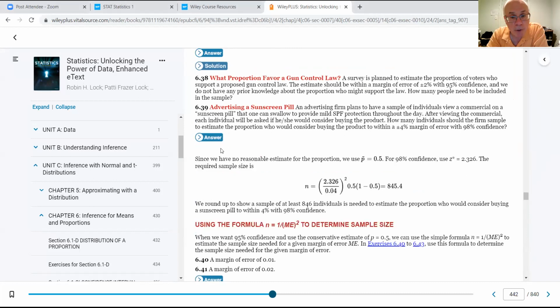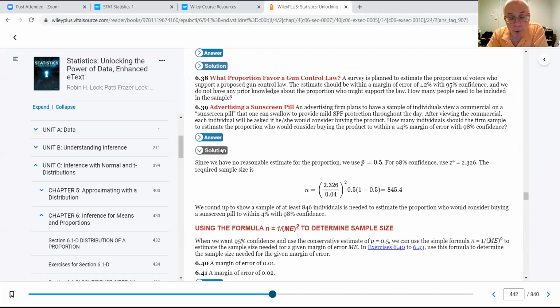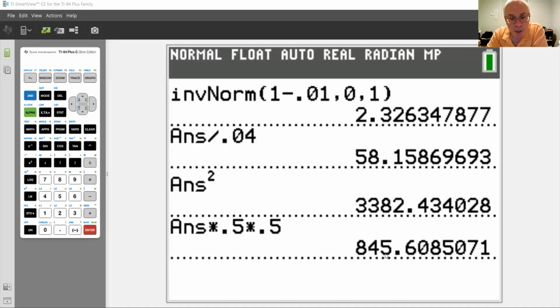Let's just look at the solution. I'm sorry, it wasn't 639, it was 846. Let's just verify that. Let's go back to the calculator. I don't know why I said 639. There it is. 846, right? Round up. This is how I did it with the calculator.